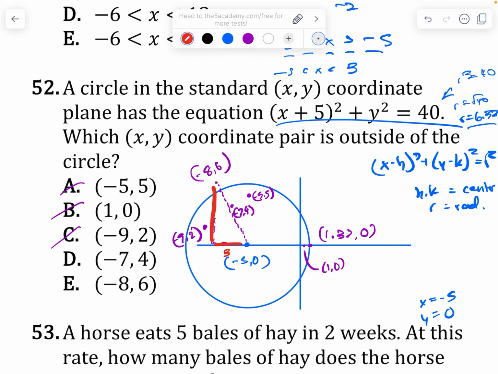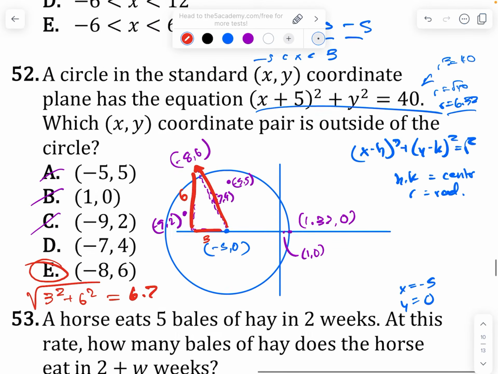This distance from 6 to 0 is obviously 6. So do the Pythagorean theorem: 3 squared plus 6 squared, then the square root. 9 plus 36 to the 0.5 is going to be 6.7. Clearly that's greater than 6.32, greater than the radius of the circle. That's outside the circle.